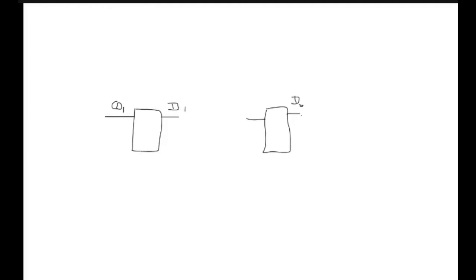Parallel in, and the data is let AB, where A is the MSB and B is the LSB. This B will be applied here, and for A we will be applying it here using one AND gate. So this will be A bar, this will be small a.